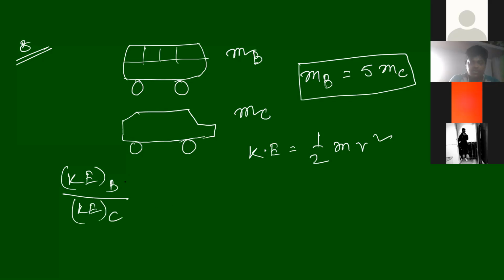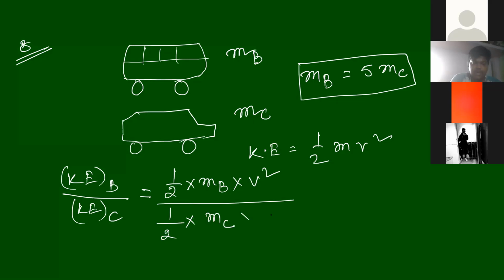So what is the ratio of the kinetic energy of bus and the car? That is equal to half multiplied by mass of the bus multiplied by velocity of the bus, that whole square, divided by half into mass of the car multiplied by velocity of the car, that whole square.